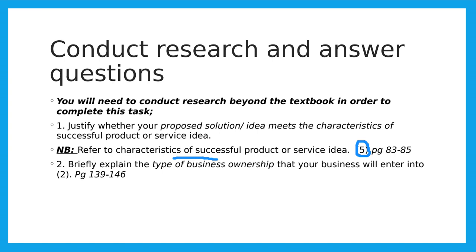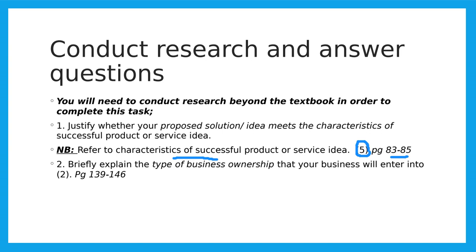So guys, there's nothing complicated. Like I say, a good starting point is to use page 83 and 85. But again, if you have found other resources, you are welcome to read beyond the textbook, okay? As long as you reference those sources. So remember, you're going to have in-text referencing and a bibliography.